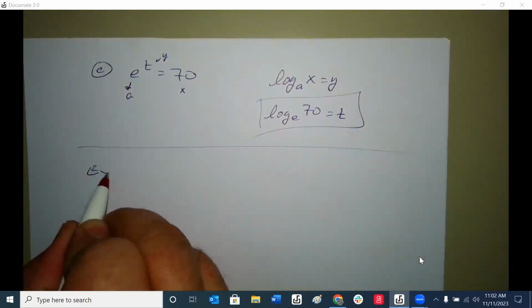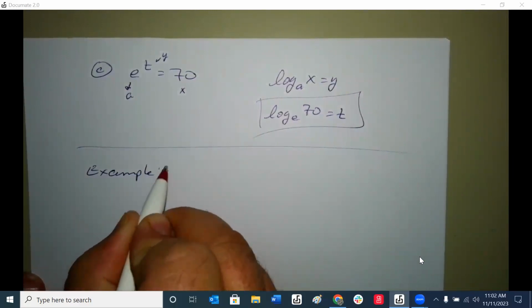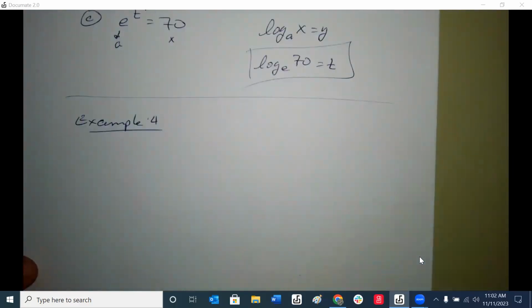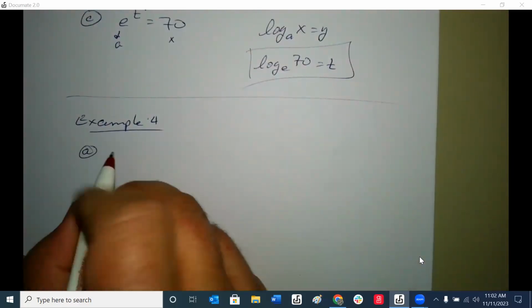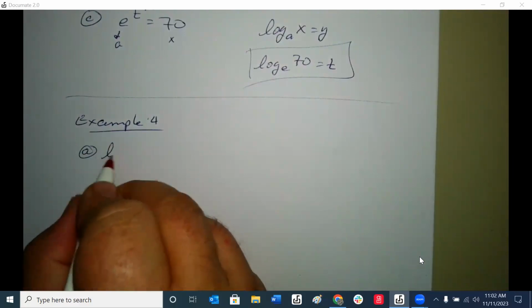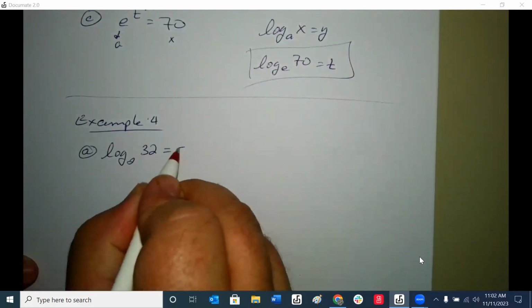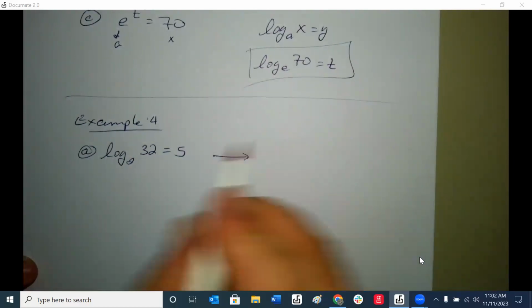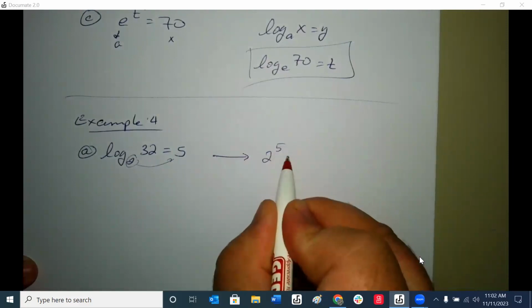Now let's go from the other way. Let's go from logs to exponents. So I give you log base 2 of 32 equals 5. The 2 comes in here, so it's 2 to the 5th.